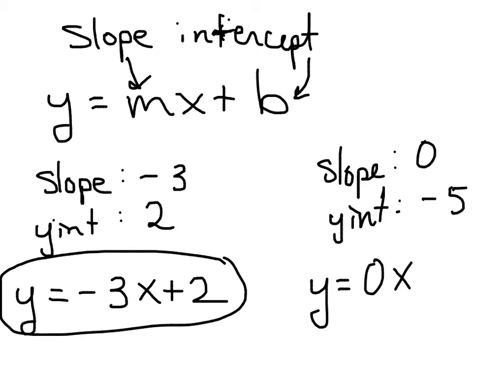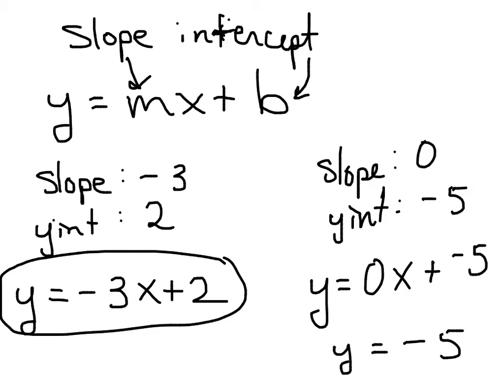And then what's in the B? You can either go plus -5 like so, or you could just put -5. The other thing is it's got 0x there. Do you even need the 0x? No. I could have the answer of y equals -5 for this as well.